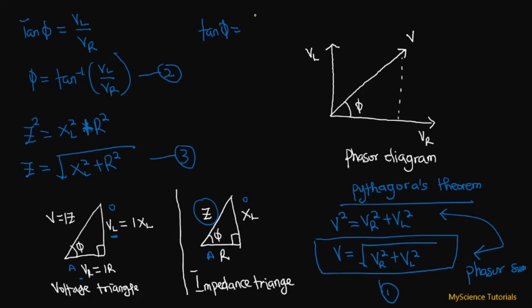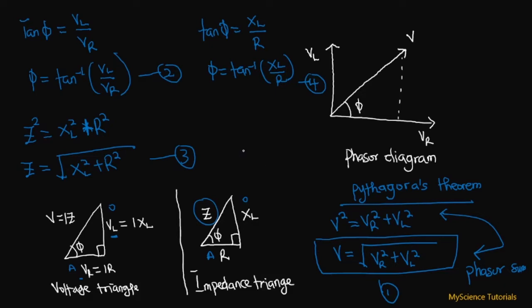So the opposite is the inductive reactance over the adjacent, which is the resistance over here. So to find this, we just find the tan inverse of XL over R. So this is another equation that is also very, very important for us to look at.